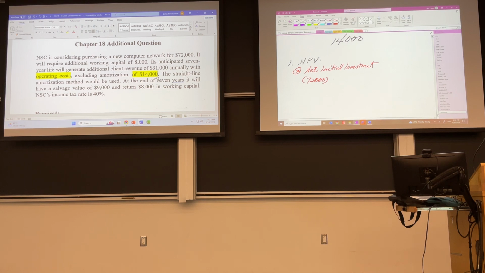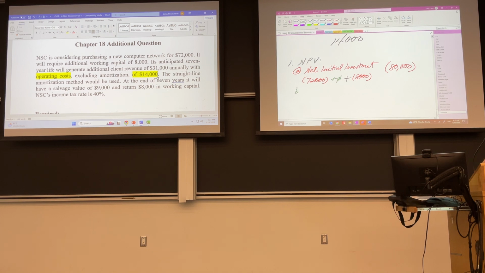No. Working capital, positive or negative? Require more? Negative. If this is wrong, everything else is wrong. Okay? So your net initial investment is 80,000.